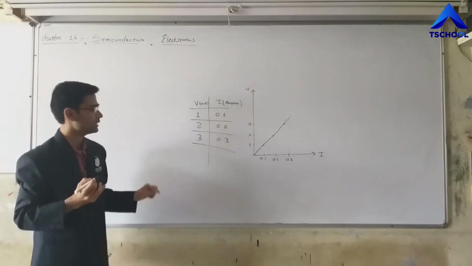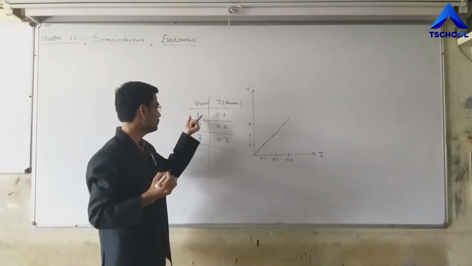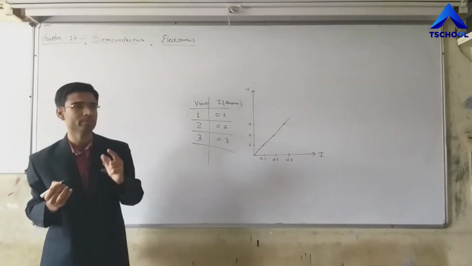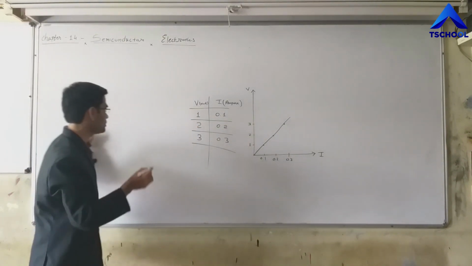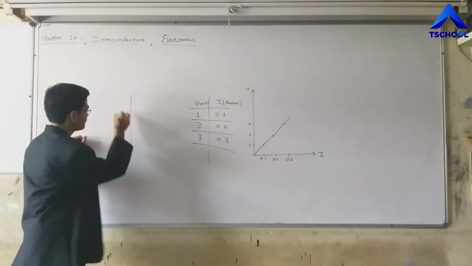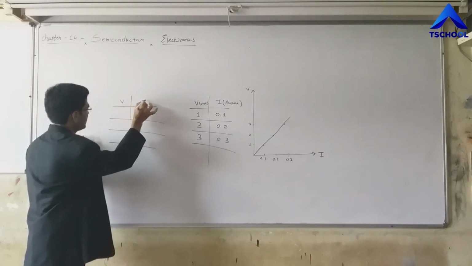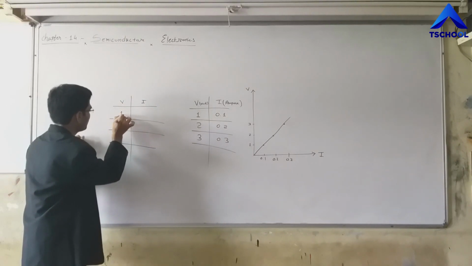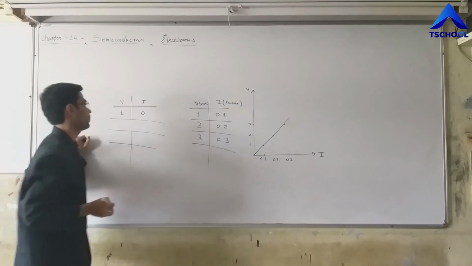Now in chapter number 14, semiconductor electronics, if we somehow control the motion of the charge carriers, then when the value of voltage V is equal to 1 volt, at that time current I is equal to 0 ampere.